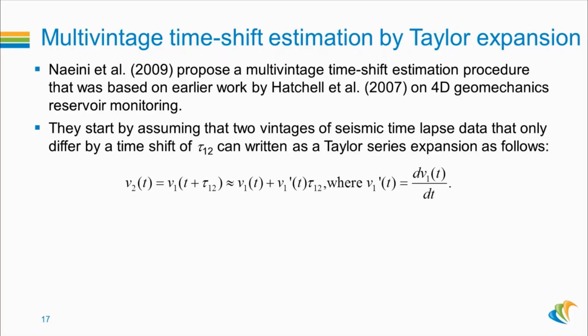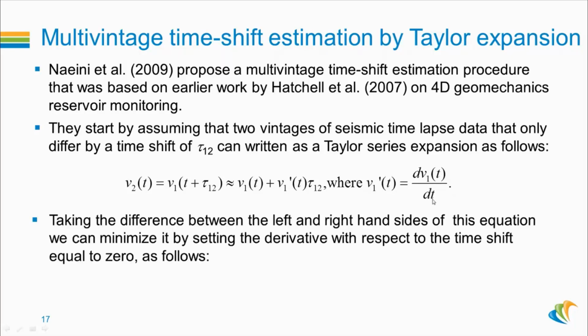So notice, instead of the functional relation V2 of t as V1 of t plus tau 2, we now linearize it using the first term in the Taylor series expansion, where the V1 prime term is the derivative of the V1 vintage of data with respect to time.